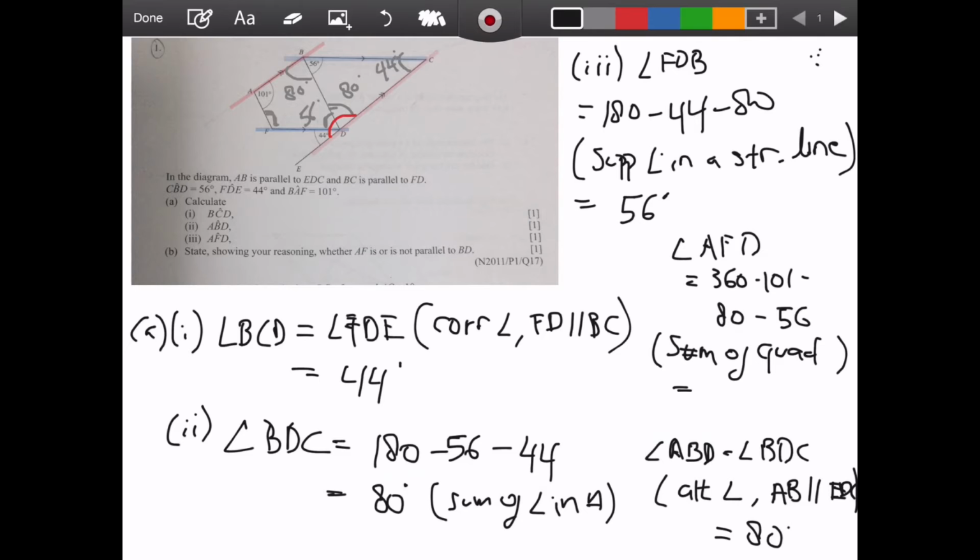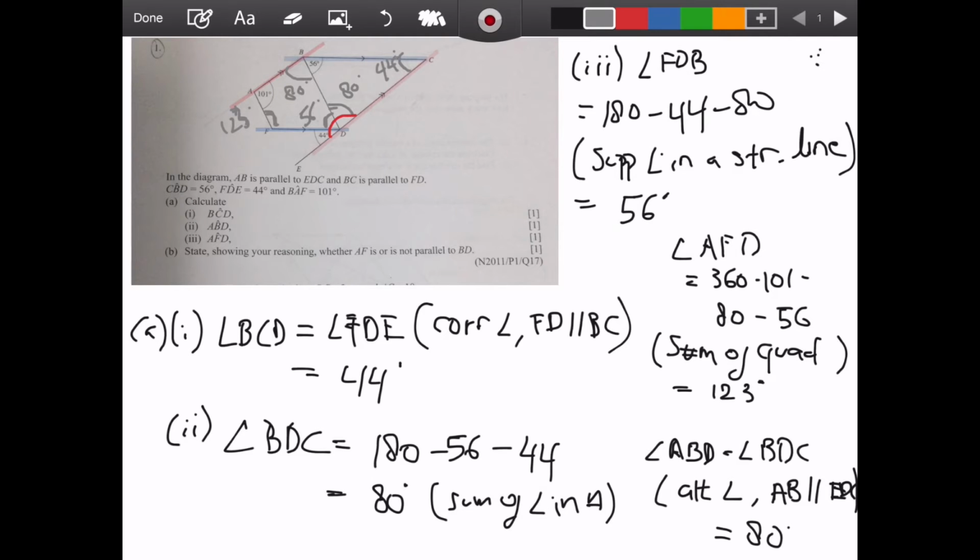The sum is 360. So 360 minus 101 minus 80 minus 56 is equal to 120 degrees. So this is the answer. AFD is 120 degrees.